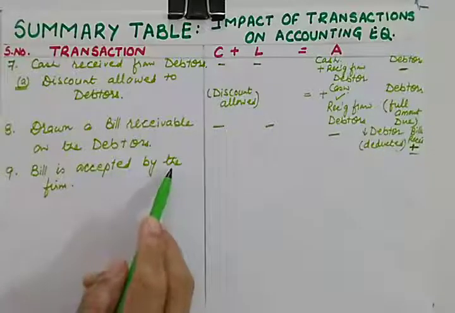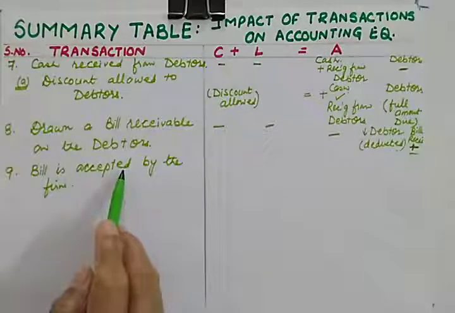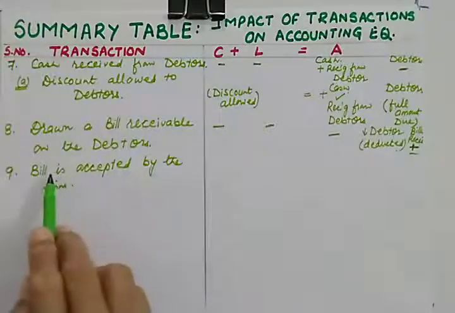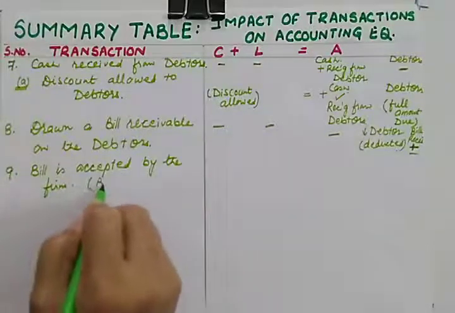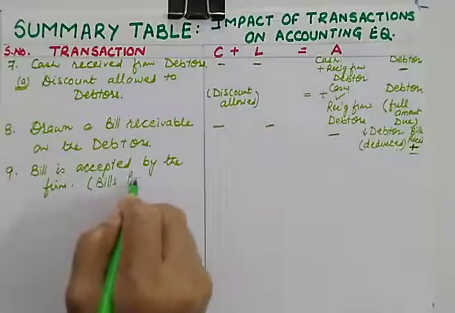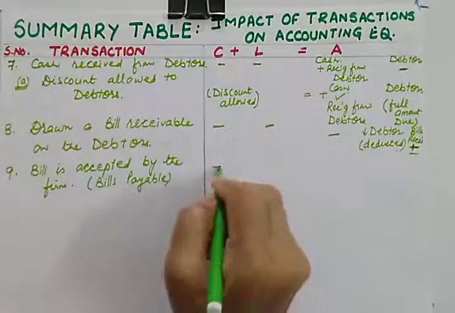So now this is a shift in liability. Now we will be paying according to the bill. Now we will not be paying to the creditor, we will be paying against bills payable. So this bill is known as bills payable. So what will happen in this case? No change in capital.